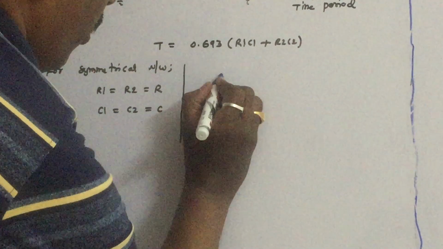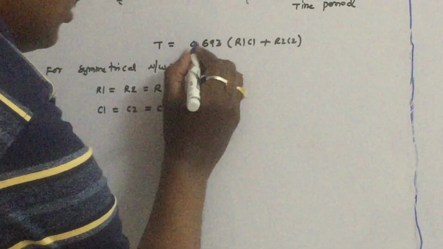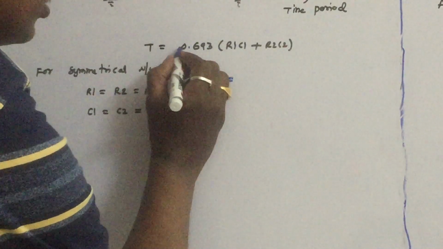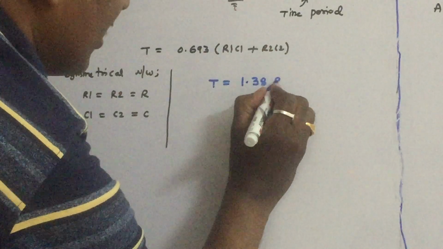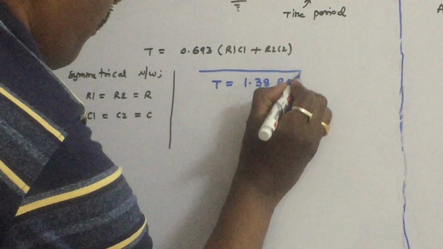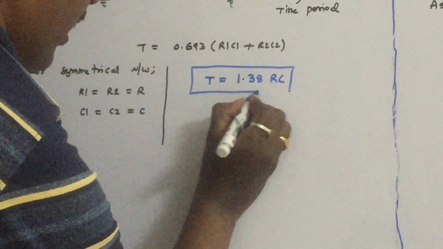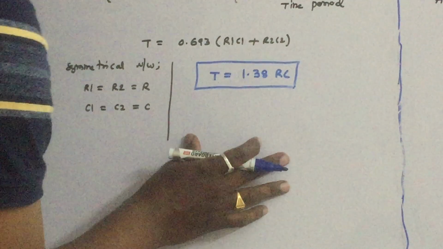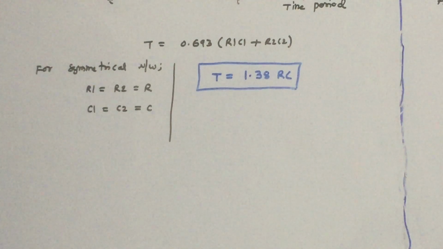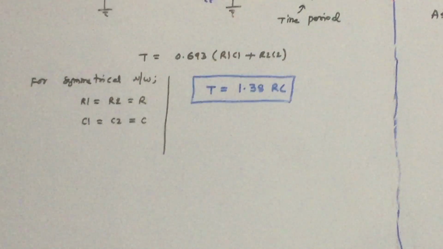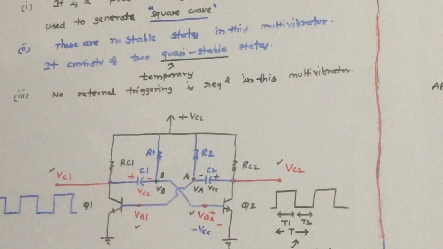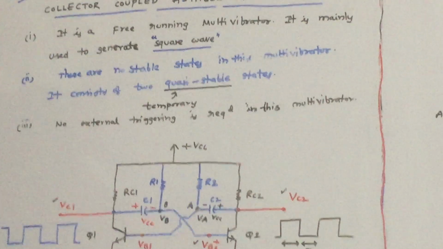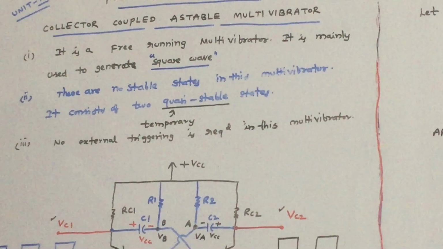If you substitute, RC plus RC is 2 RC, multiplied by 0.693, you get 1.38 RC. So this is the period of oscillation of the square wave. This is what you have to prove. It is a very simple derivation in the examination: the period of oscillations of the square wave at the collector of either transistor. Thank you.